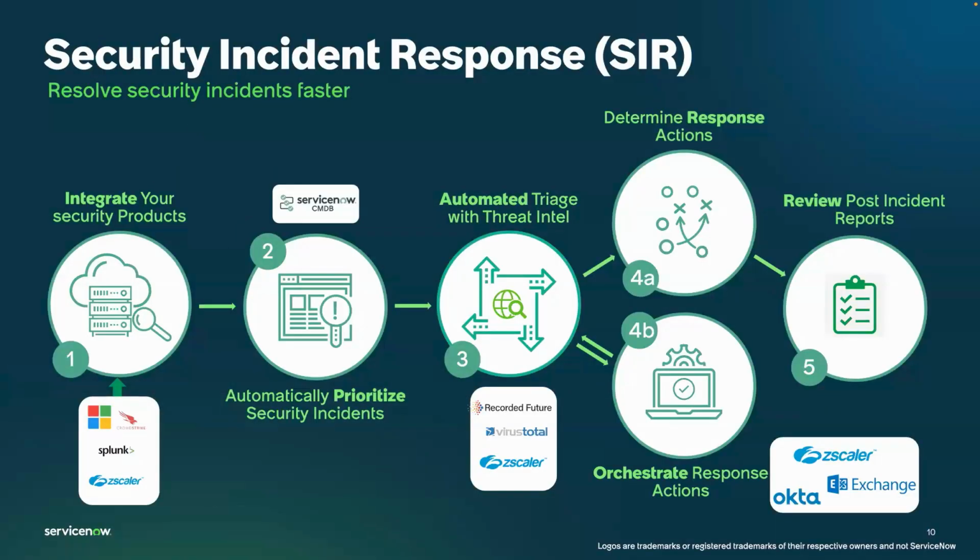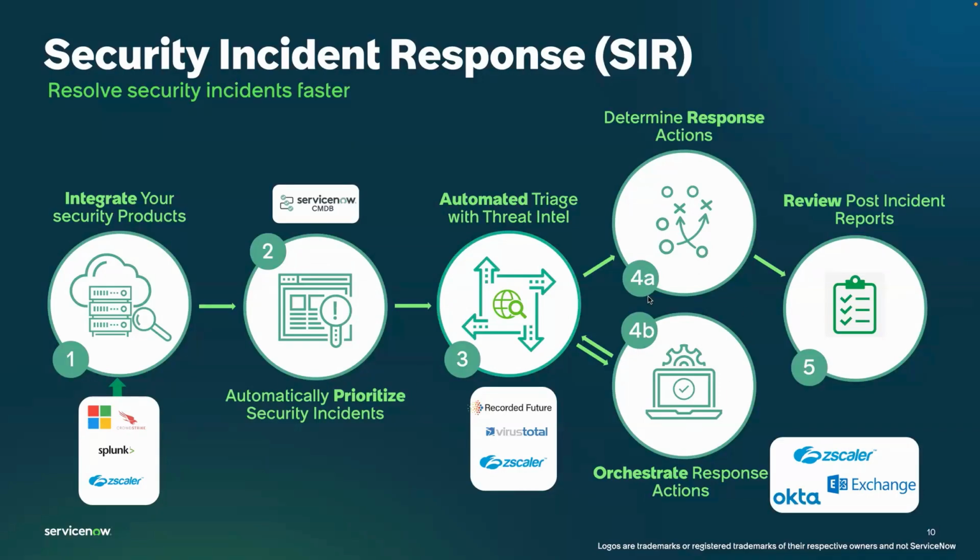And then just kind of looking a little bit more closely at what a typical workflow looks like across security incident response. Starting here, really it starts with integrating your existing security tools, so your SIEM tools that you're using, and bringing that data into the platform where you have the ability to set up different rules and different configurations to automatically prioritize your alerts and create security incidents, and enrich that with data from your CMDB and from threat intelligence providers.